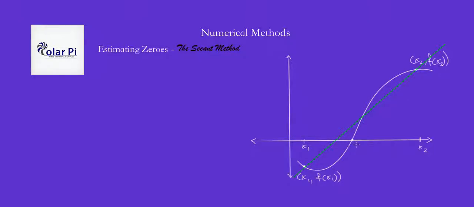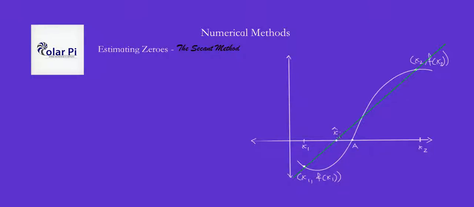So the actual zero we're trying to estimate is this point right here, and let's call it A. And so our very first estimate of A, using our very first secant line, is going to be this point here. Let's call it x hat. Okay, cool. So what are we going to do?